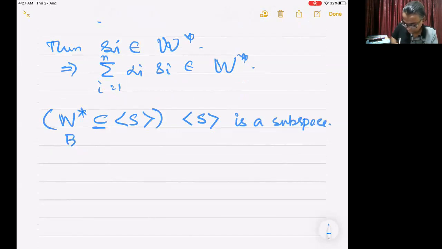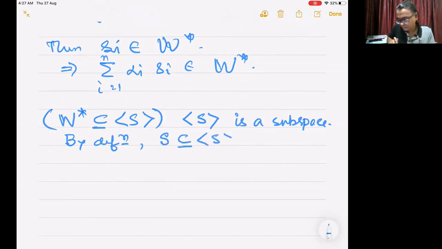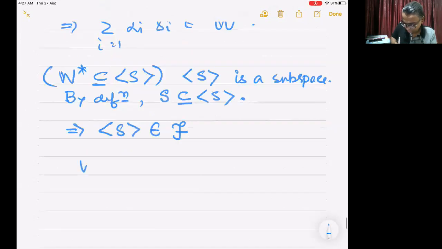By definition, when I'm looking at all possible linear combinations, I can look at individual vectors also. So that way, S is contained in span of S. But then this implies this span of S must then be a part of the family. But W star is contained in every element in the family.